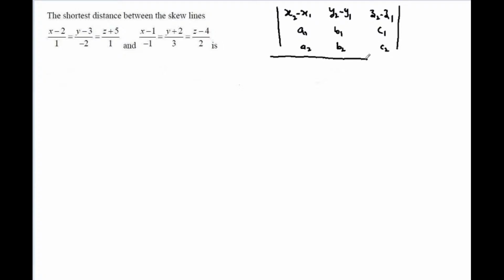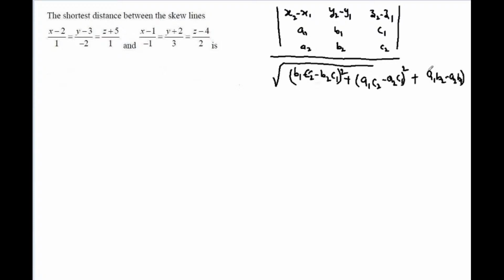The shortest distance between the lines is the determinant of x2 minus x1, y2 minus y1, z2 minus z1, a1, b1, c1, and a2, b2, c2, whole divided by under root of (b1 c2 minus b2 c1) whole square plus (a1 c2 minus a2 c1) whole square plus (a1 b2 minus a2 b1) whole square. This is the shortest distance between the skew lines.